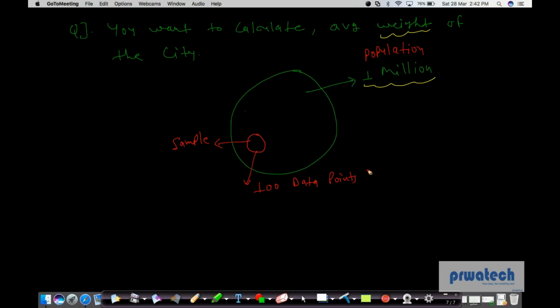Now 100 data points means I have collected xi's. This xi is nothing but x1, x2, x3, x4.